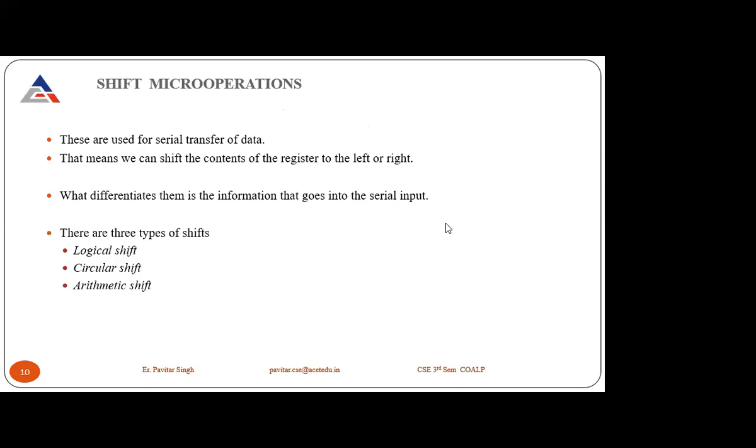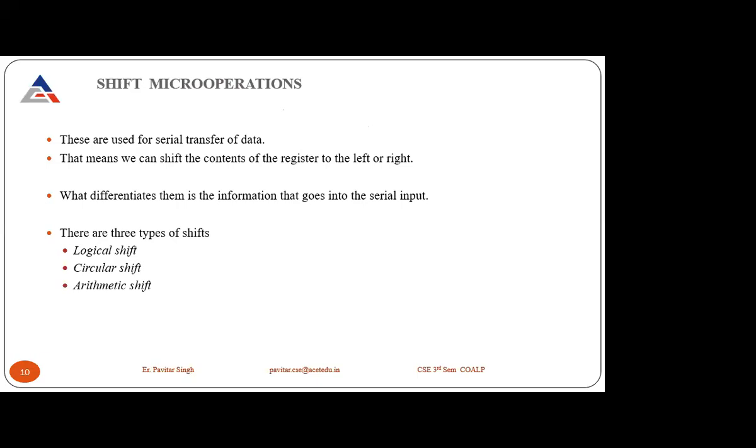So the next category is shift micro operations. These are used for serial transfer of data. Serial transfer means the bit values will be taken to the next flip flop, right?